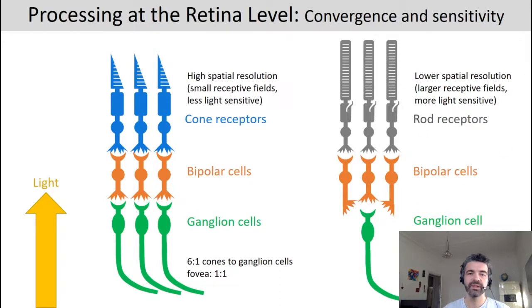For rods, it is quite the opposite. So here we have a high convergence and as a result a low spatial resolution, because if this ganglion cell here is activated, we do not know whether the input comes from this rod, this rod, this rod, or in reality from any of the 120 rods that are connected to a ganglion cell on average. So even though it has a very low spatial resolution, it does have another advantage, namely it is more light sensitive.